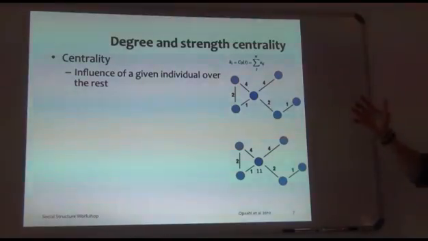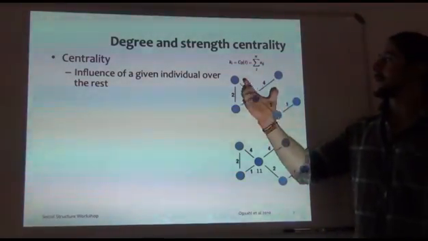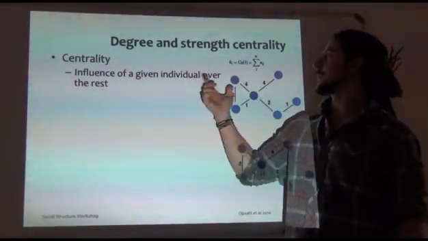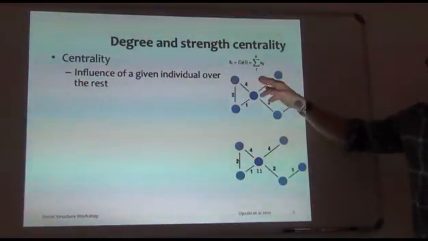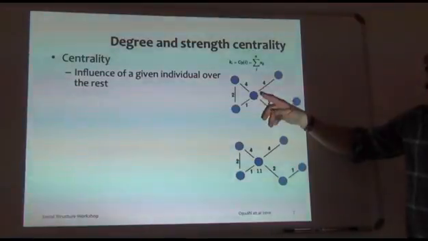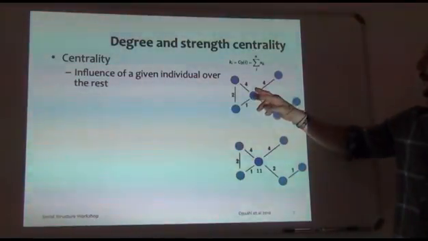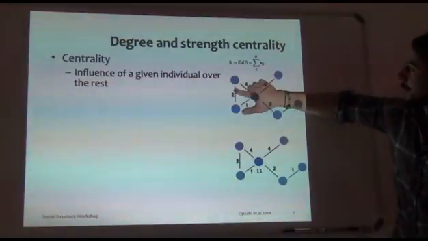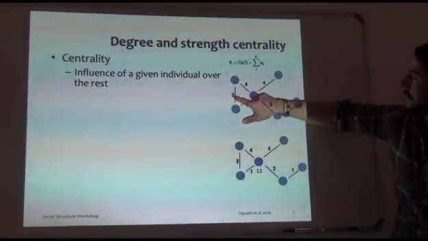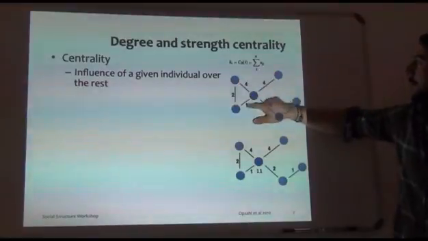Both of them will give us an idea of the influence of each individual over the rest of the network. The degree is simply the number of nodes an individual is connected to. Here, for example, this is a weighted network. This is the strength of the link, 1, 2, 3, 4.